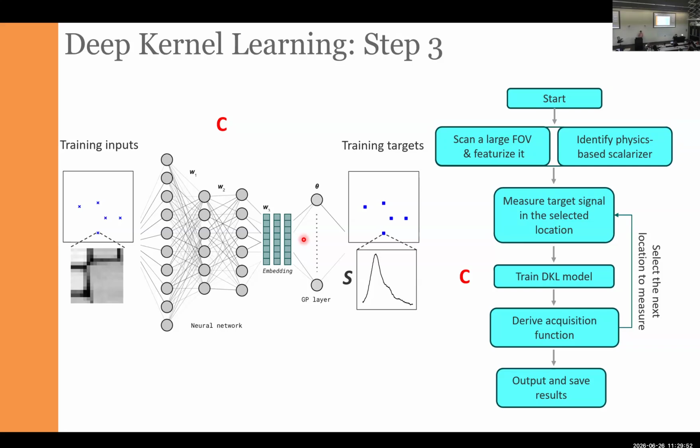What you do in this case is you use these pairs of patches and spectra as the training set, and you train the deep kernel model that takes patches as input and produces the scalarizer of a spectrum as the output. Meaning that in principle, you can predict the whole spectrum, but it's much more efficient to predict the scalarizer.